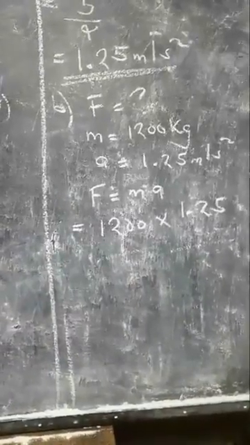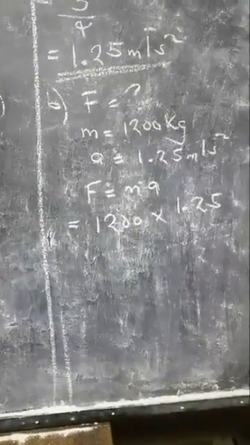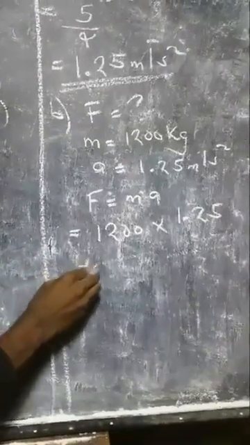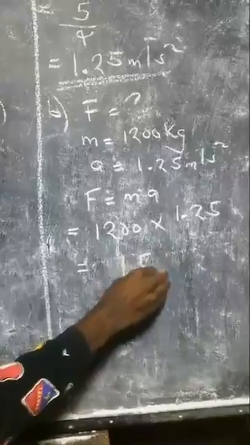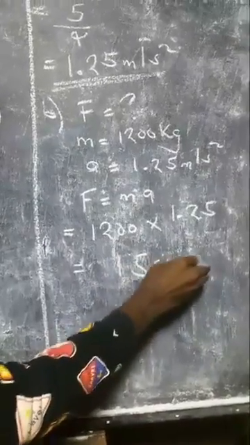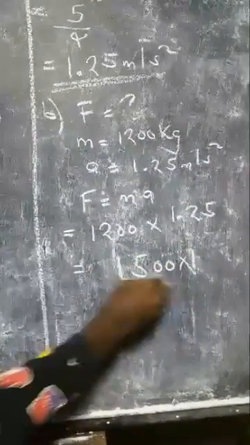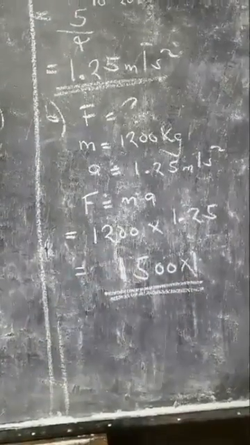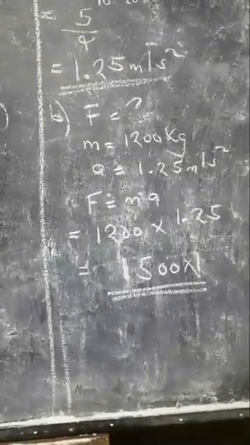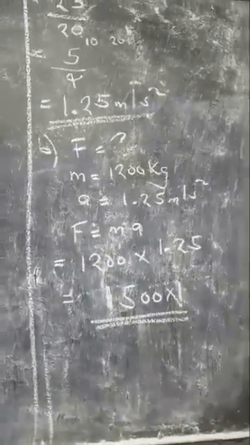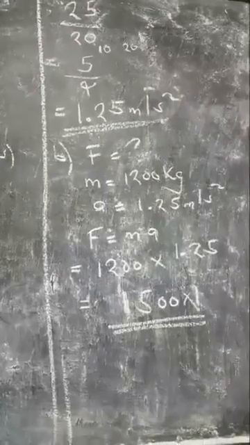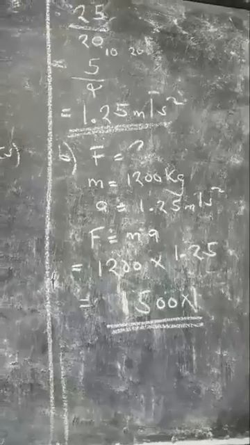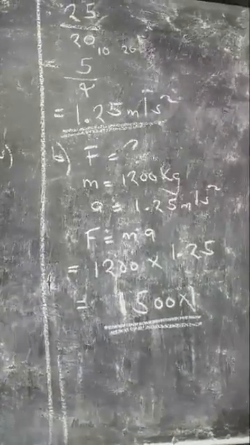That's our acceleration. So therefore 1200 times 1.25, that's 1500 newtons. That's the force. That's your force which produced this acceleration.